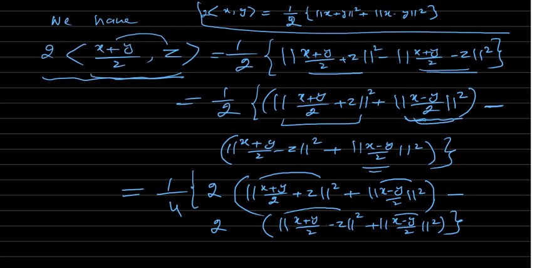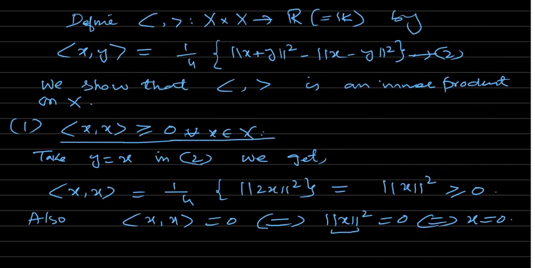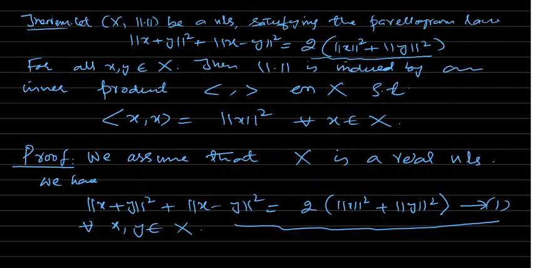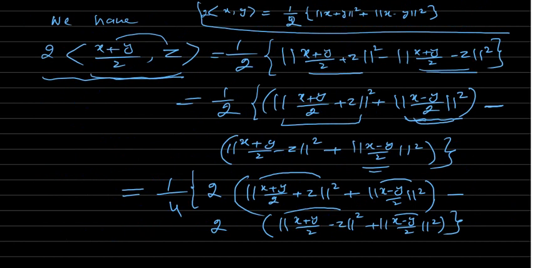So you apply this identity 1, that parallelogram law. Twice norm of x whole square plus norm of y square is equal to norm of the sum plus norm of difference. Apply this.